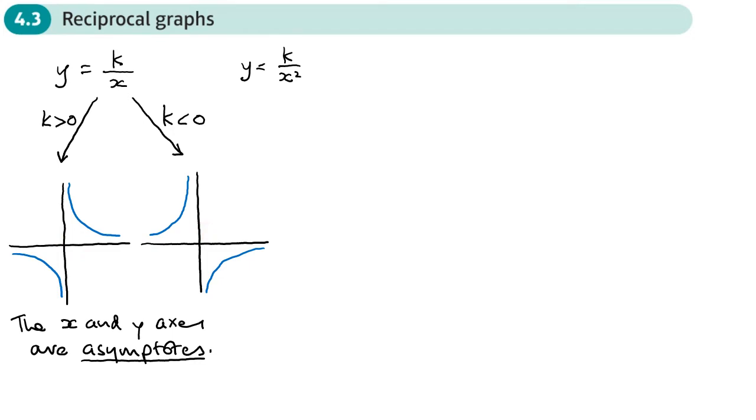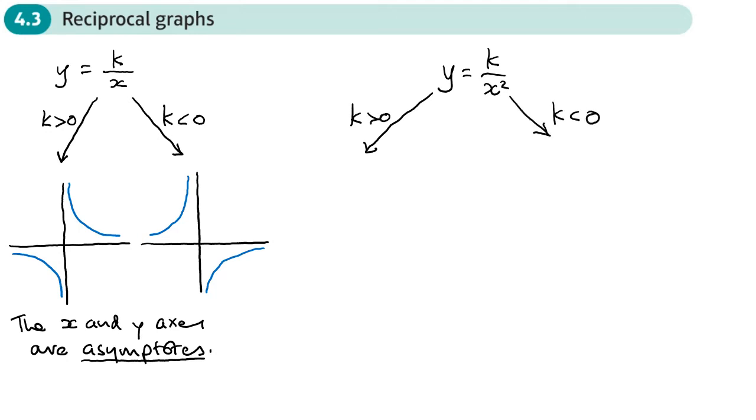So now let's move on to the graphs which are y equals k over x squared. And again, we're going to consider the cases where k is greater than 0 and when k is less than 0, when k is negative. Now, because we've got x squared at the bottom, if k is a positive number, even if x were negative, the whole thing is going to become positive, because we're squaring a negative number.